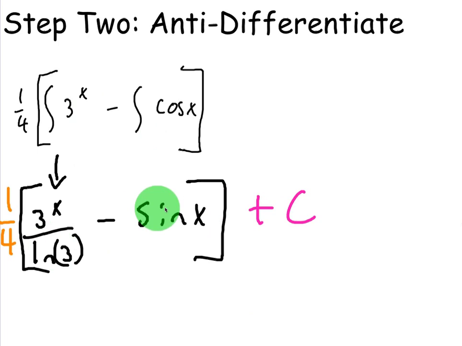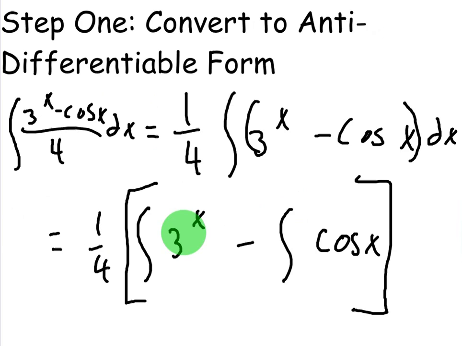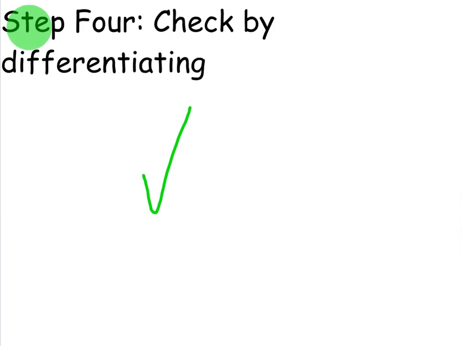And then I'll still have the 1/4 when I take the derivative of that. And then I can just distribute that 1/4 back into both of those. So you can mentally do that. You're going to find that when you take an exam, a lot of times in calculus, you have a limited amount of time. So you're not always going to have time to check your work. Sometimes you just have to go back through it.